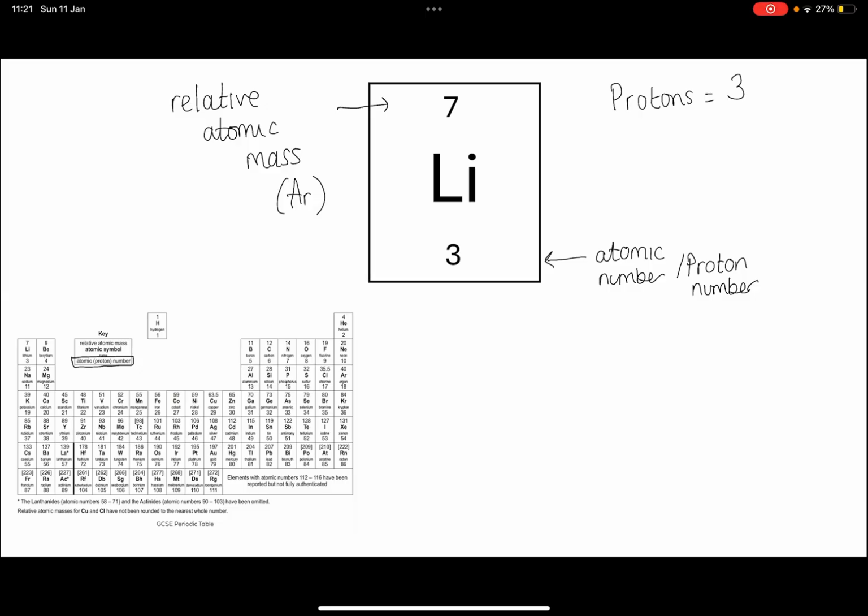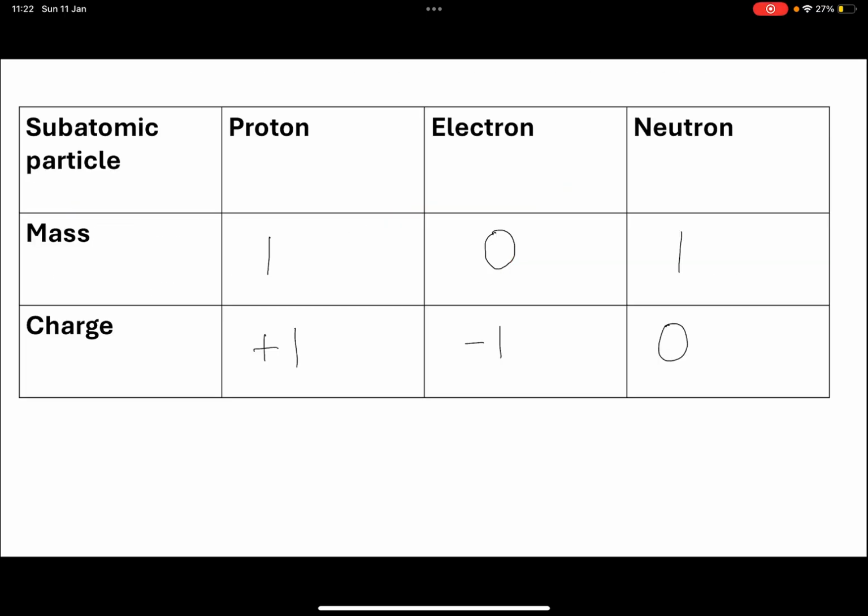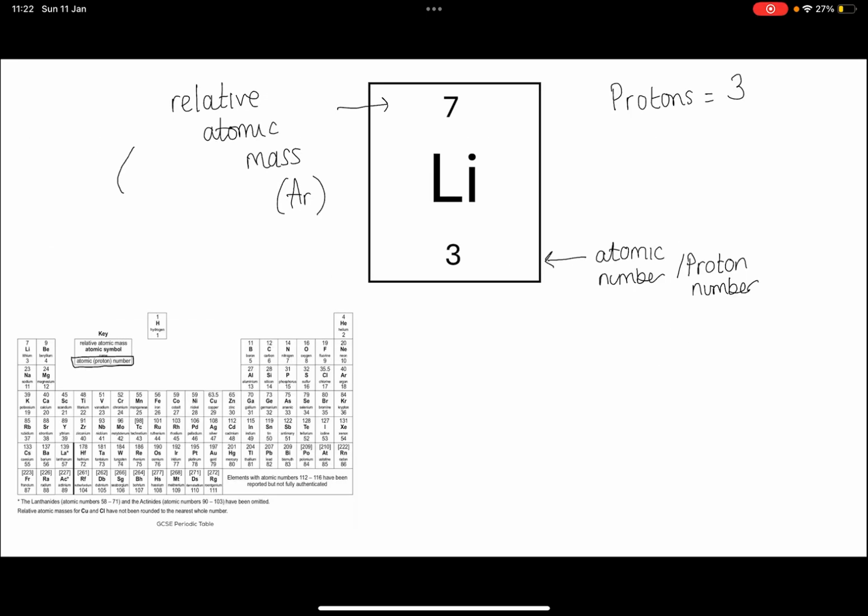Now this top number tells you the total mass, and we'll have seen from the previous slide that anything that has mass is in the nucleus. The protons and the neutrons have mass, so therefore the top number is the total of protons and neutrons.